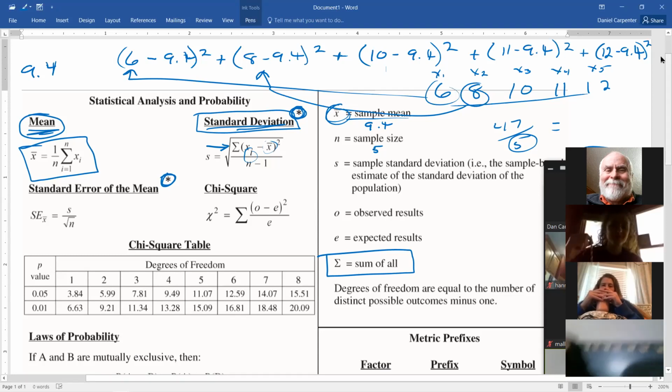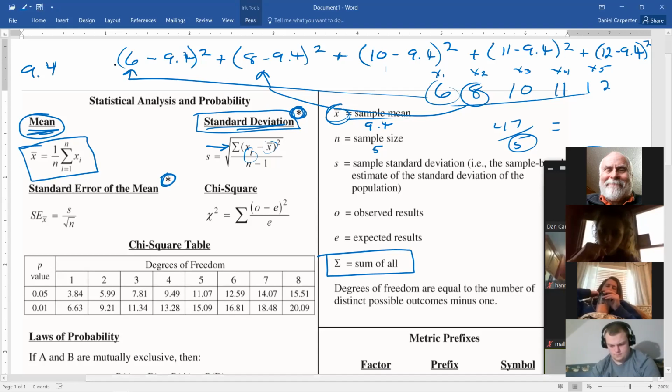All right, so to give you an idea how these work, if Josh is working on it and gets it done, I don't want to have to take time to go all the way through it. You would put it in your calculator, 6, need parentheses, so it does the squaring right, parentheses, 6 minus 9.4, close parentheses, squared, plus open parentheses, 8 minus 9.4, close parentheses, squared.